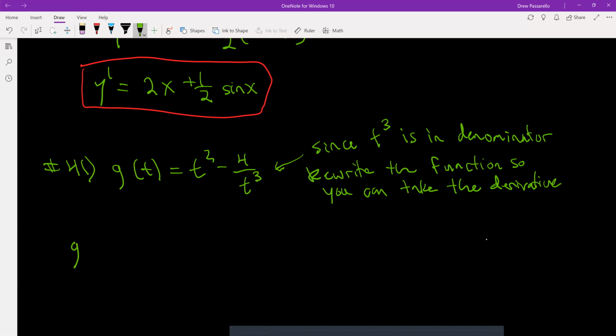And so the format's going to be, so the first term is still just t squared. But I can rewrite negative 4 divided by t cubed as negative 4t to the negative third power. All right, that's using the exponent rule, or one of the exponent rules.